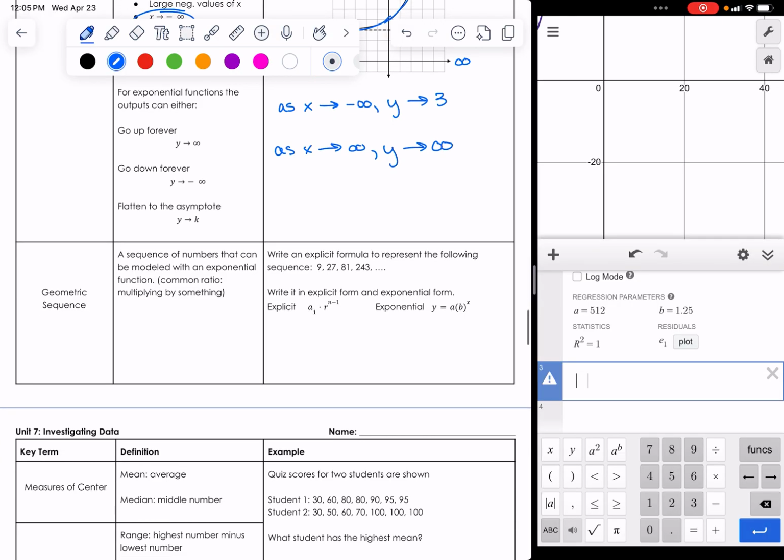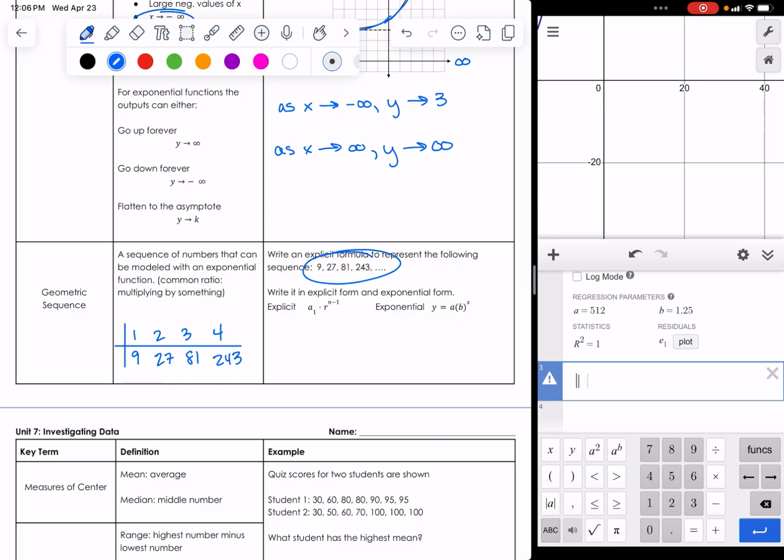And finally, geometric sequences. Geometric sequences are different because instead of counting with our initial value at 0, our first term has an input of 1. So if we take the sequence that we have here, the first term is 9, the second term is 27, the third is 81, and 243 is our fourth term.